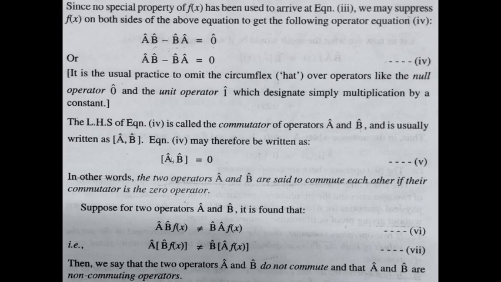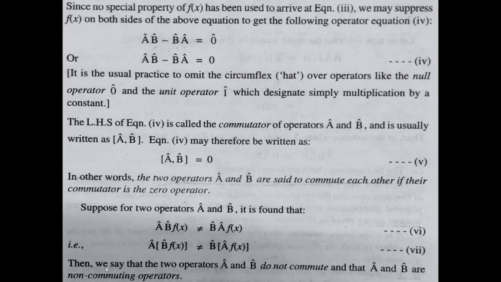Commutator means A operator and B operator. That means these two can be interchanged. If this is equal to 0, then we can call it a commuting operator.